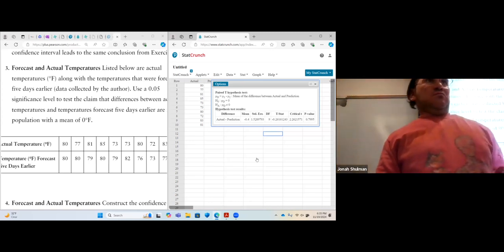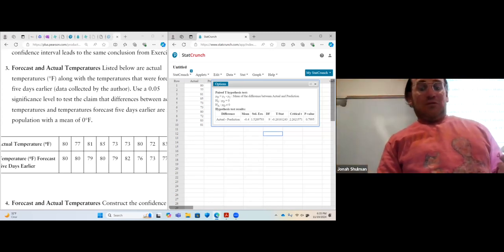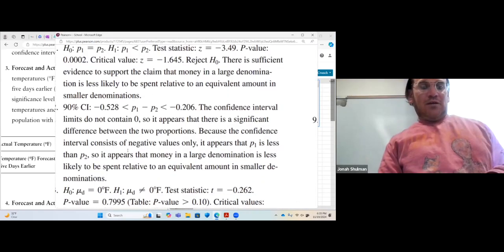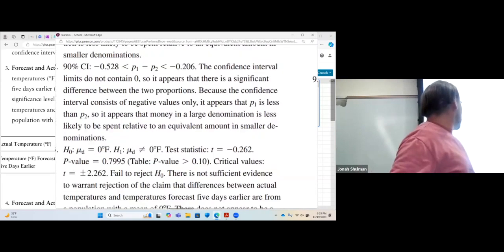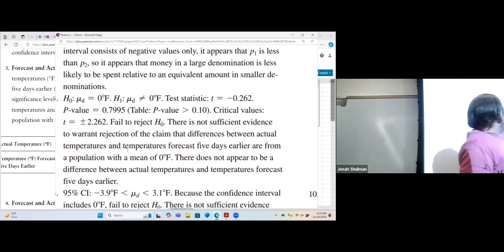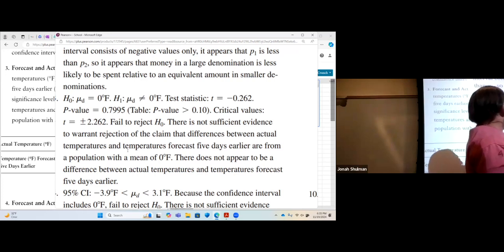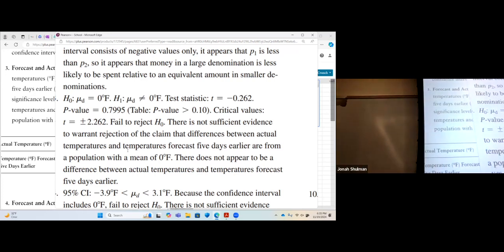Questions about this one? Well, we can look at what the book says now that I have it up. So here's our H0, not equal to. There's our test statistic. There's our p-value. Notice, oh, they used this one, right? Critical value is this, fail to reject the null.